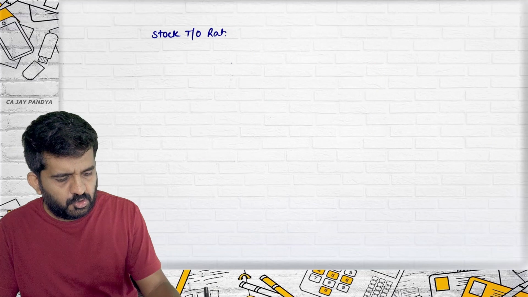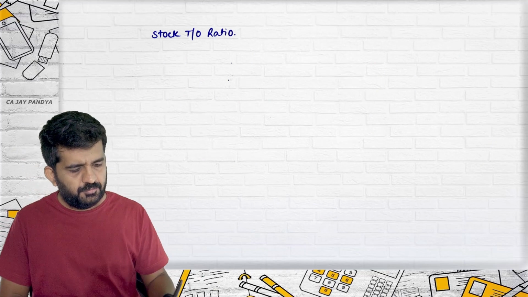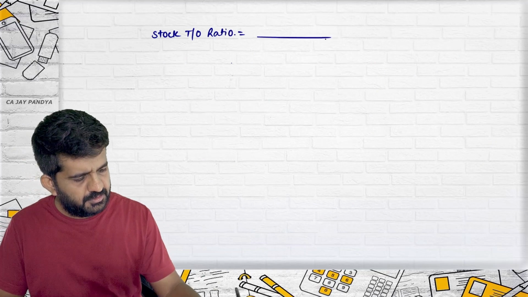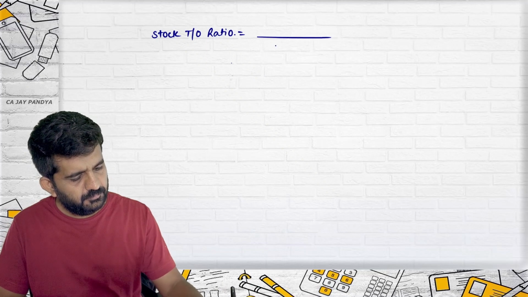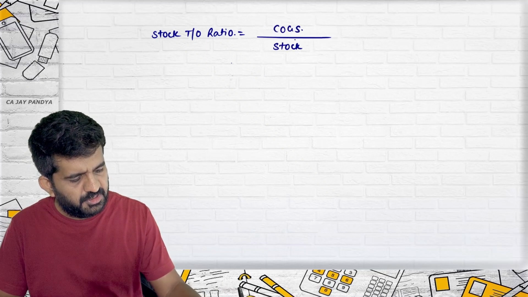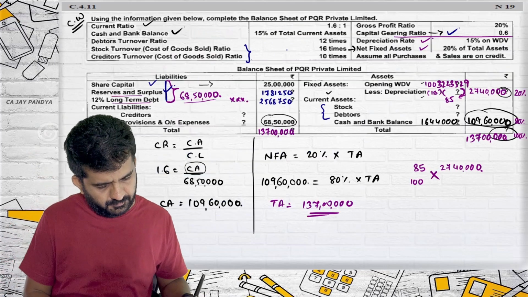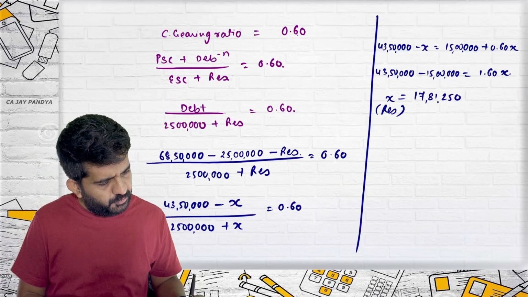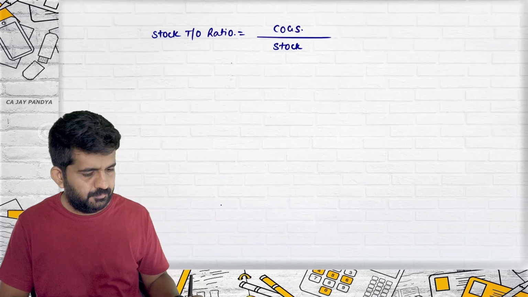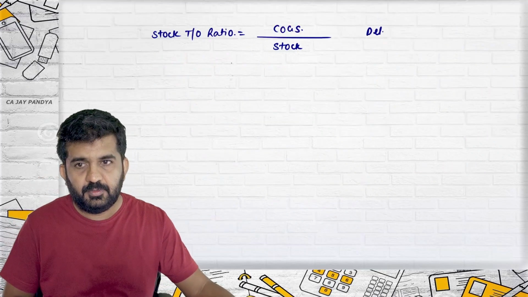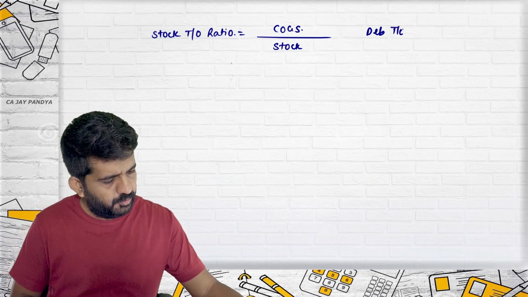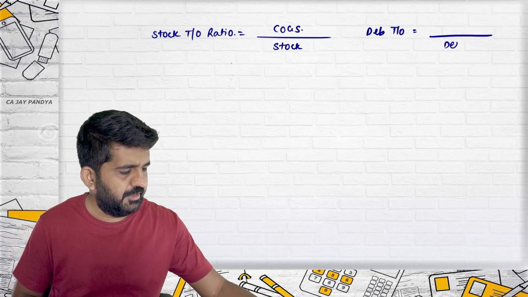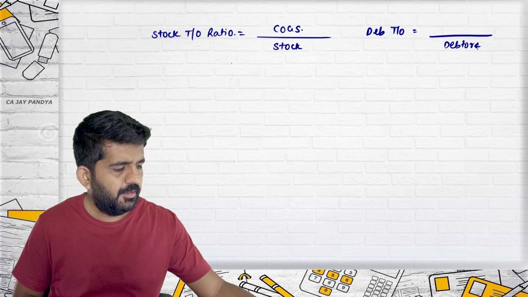What is the stock turnover ratio? It is stock, COGS, and debtors turnover ratio. Debtors turnover ratio is debtors upon sales.